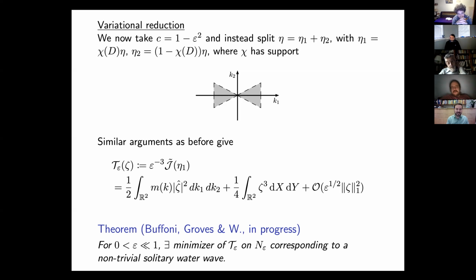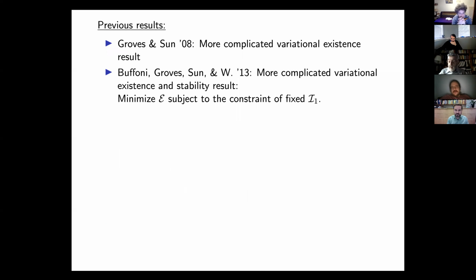Okay, so the first result is published and the second is work in progress. Okay, maybe I'll skip this. Let me say something quickly. For the strong surface tension case, these are not the first results. The first result was by Groves and Sun, where they used a more complicated variational argument.